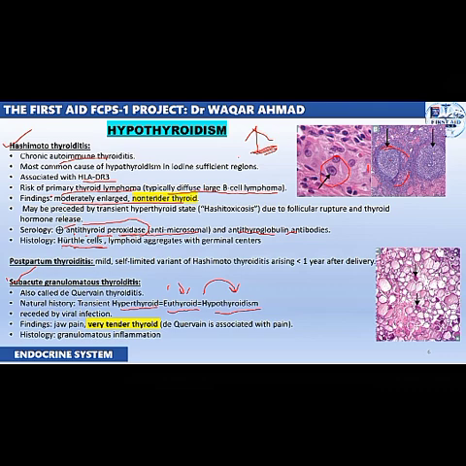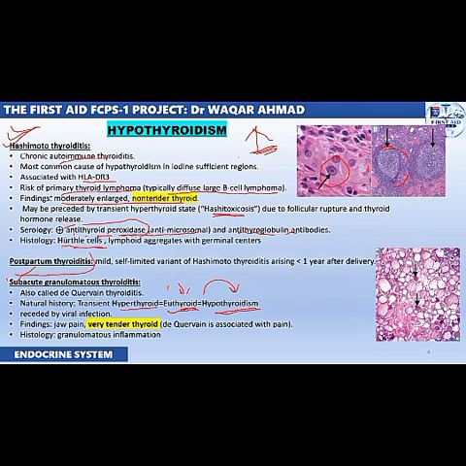Do not get confused with the signs and symptoms of hyperthyroidism, because Hashimoto thyroiditis and subacute granulomatous thyroiditis both can present with this hyperthyroid state and then a euthyroid state or a hypothyroid state. So the patient may have normal thyroid hormones on labs and all other findings of Hashimoto thyroiditis or subacute thyroiditis will be given. So do not get confused by these.